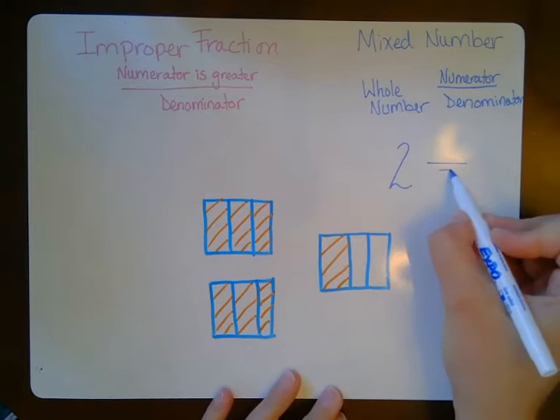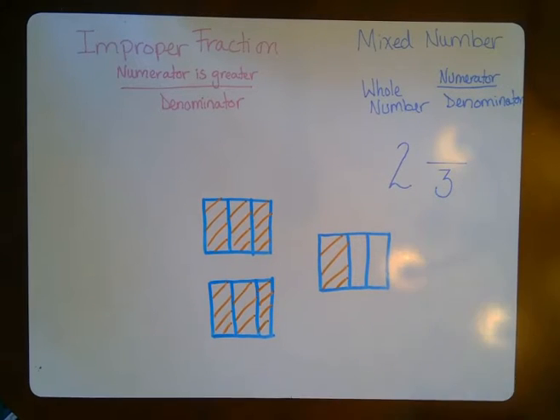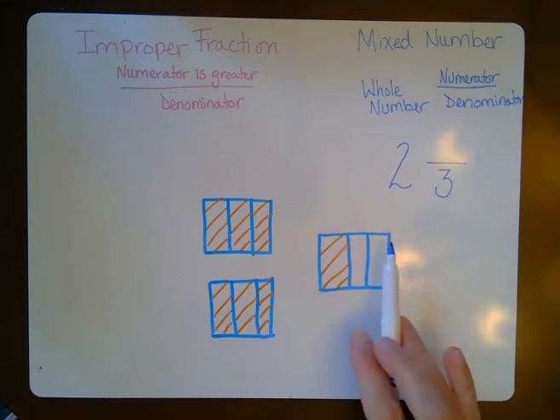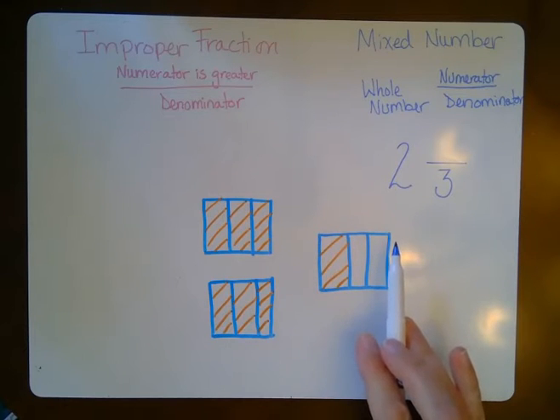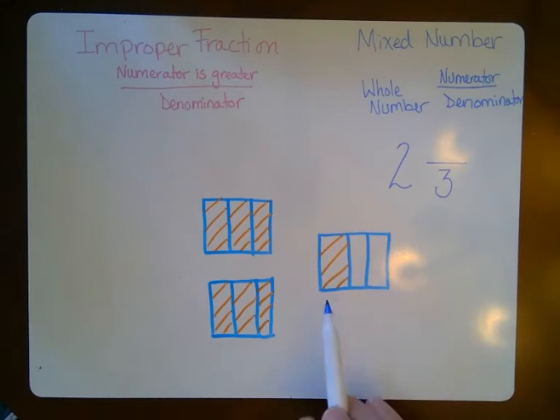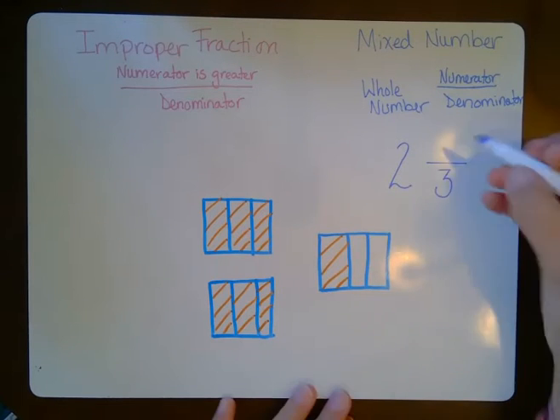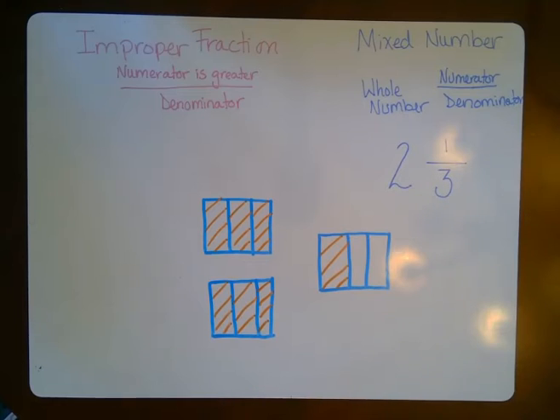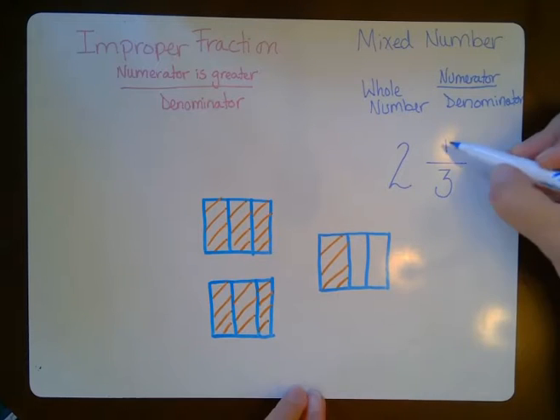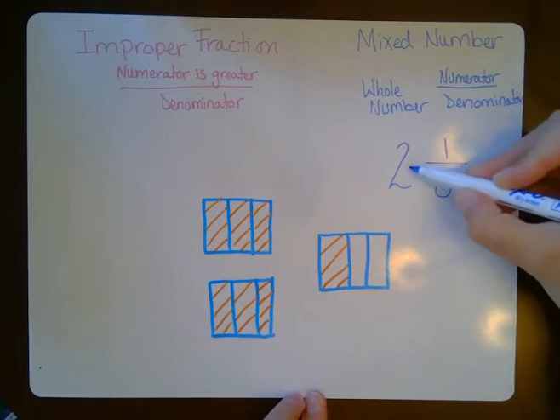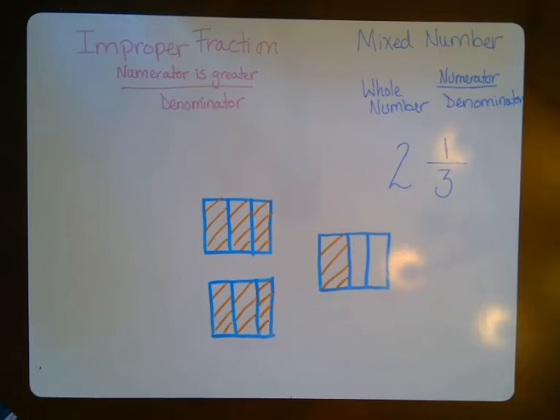So my denominator is going to be 3. Lastly, I want to look at this last model and identify how many shaded parts there are out of 3. And I see 1. There is 1 shaded part out of 3 in this model. Therefore, my mixed number is 2 1/3.